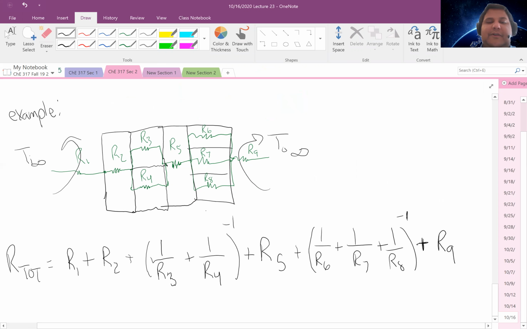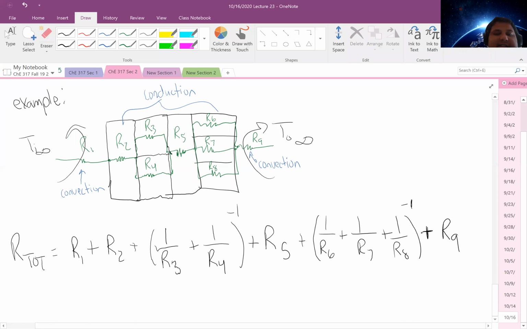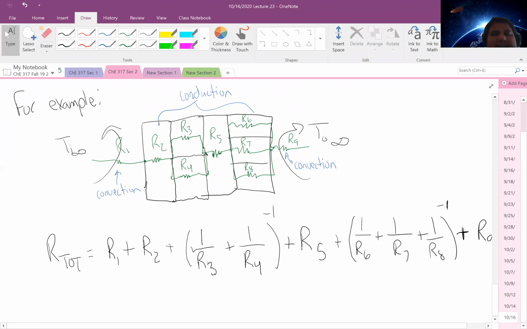So that would be where we would bring in our convective thermal resistances. This is all conduction. And this is convection. That's a good question. Any other question?